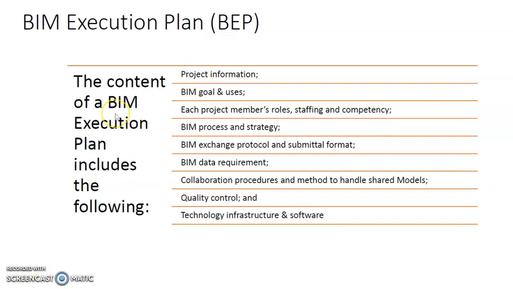The content of a BIM project execution plan typically will include all this: project information, the BIM goals and its users, each project member's roles, staffing and competency, BIM processes and the strategy, the BIM exchange protocol and submittal format, BIM data requirement, collaboration procedures and methods to handle shared models, quality control, as well as the technical or technology infrastructure and the software.